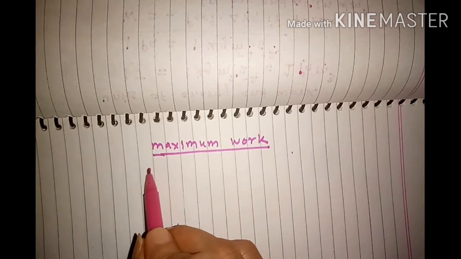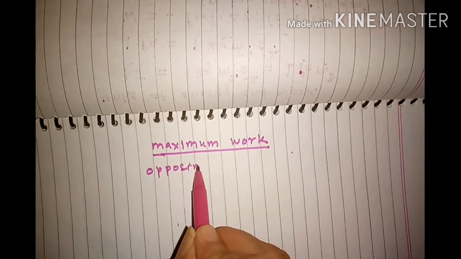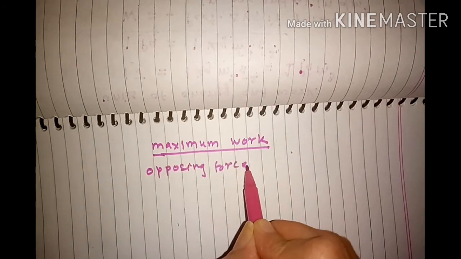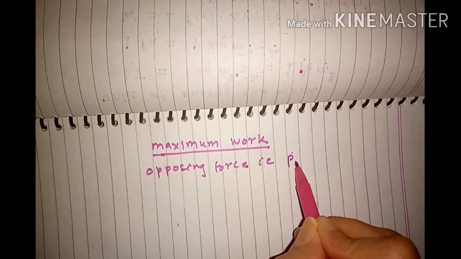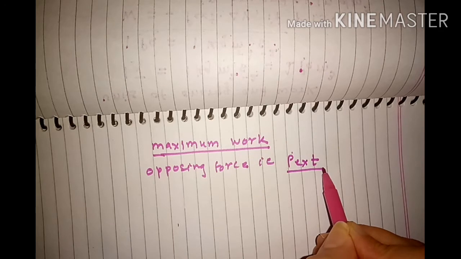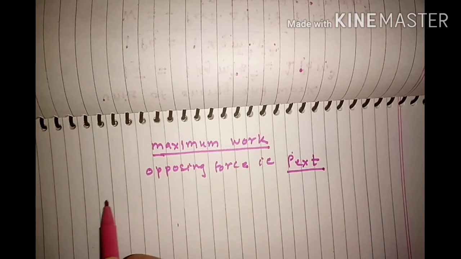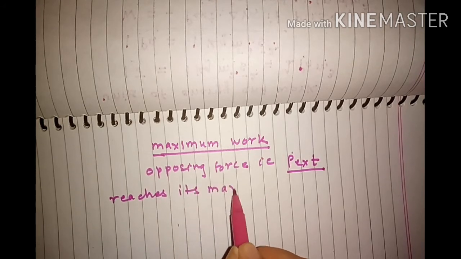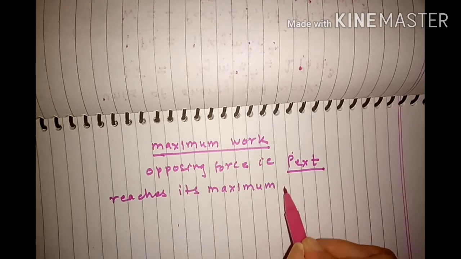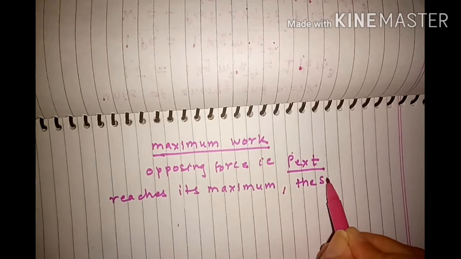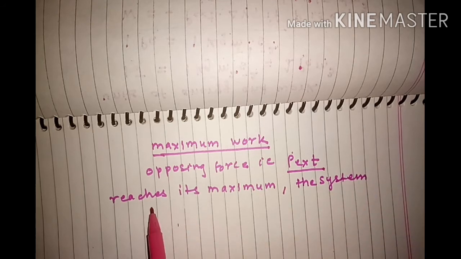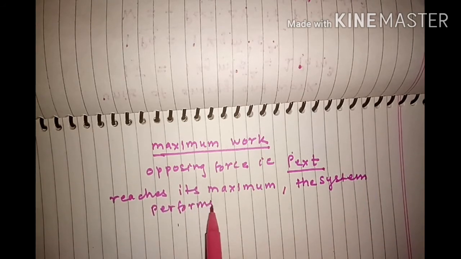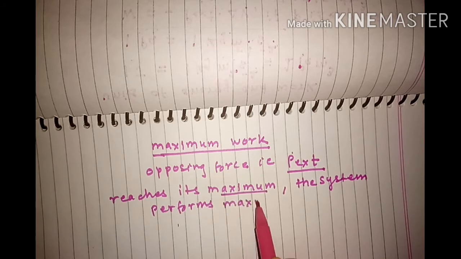So when the opposing force, that is P external, the external pressure, you always remember this, reaches its maximum, the system will perform maximum work. So the condition for maximum work is that the opposing force should reach its maximum.